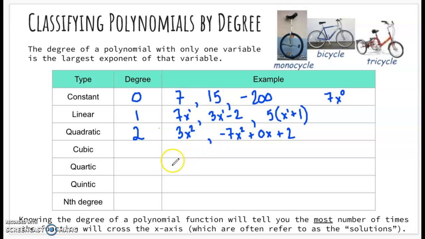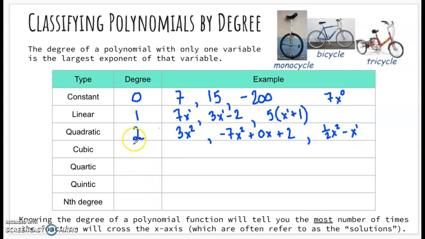Or 1/2 x squared minus x. That would be an example of a quadratic polynomial. You want to keep in mind that we don't have like terms here, so we cannot combine our 1/2 x squared and our x to the first power, right? In order to combine like terms, your powers have to match exactly.